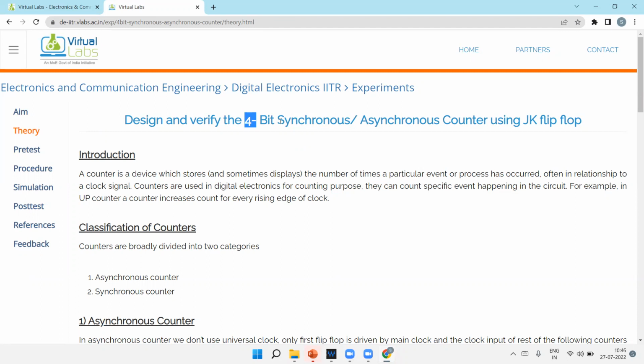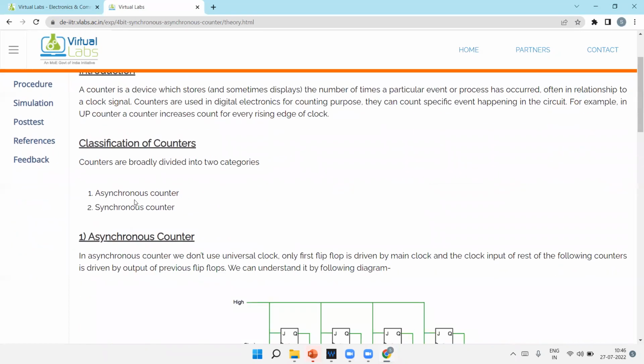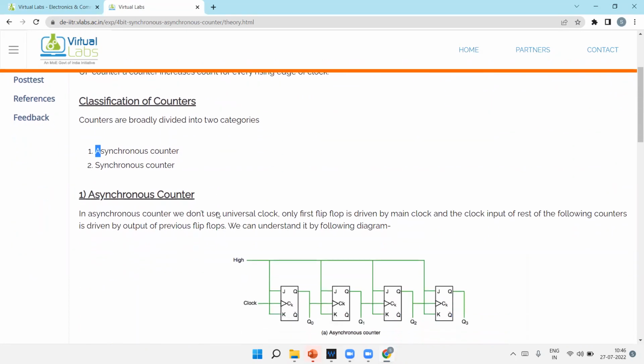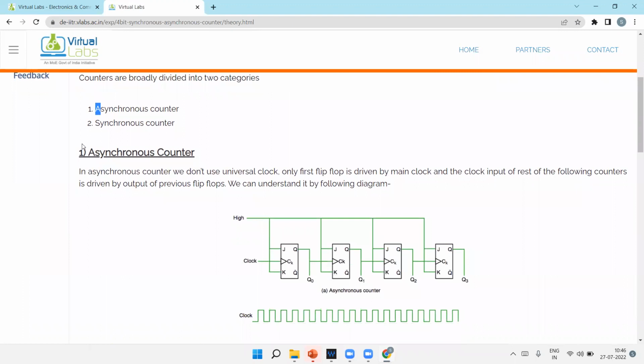Now, what is the difference between synchronous counter and asynchronous counter? The difference is of the clock. In an asynchronous counter, we use one clock, but the clock is provided at the first flip-flop only, and the output of that flip-flop behaves like a clock for the next flip-flop. The output of the next flip-flop behaves like a clock for the third flip-flop.